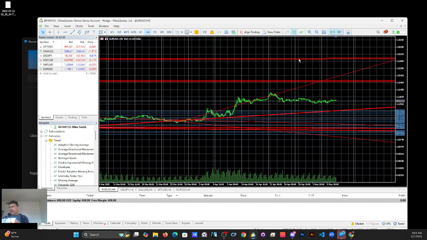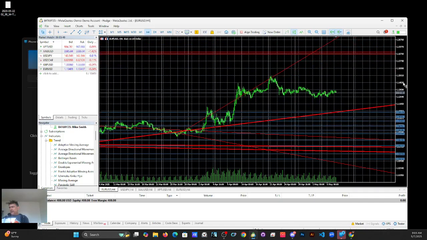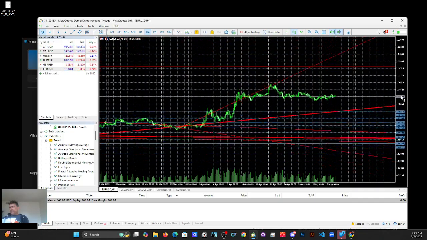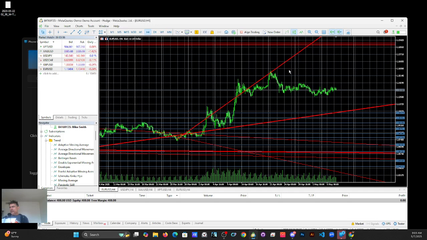And so that other way happens to be where the mid lines for the longest ranges are, and the next range that will be encountered is the weekly middle range, the weekly mid range here.